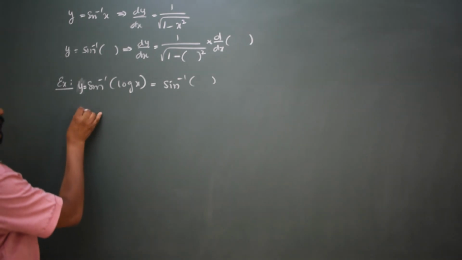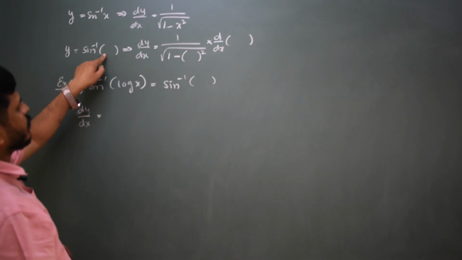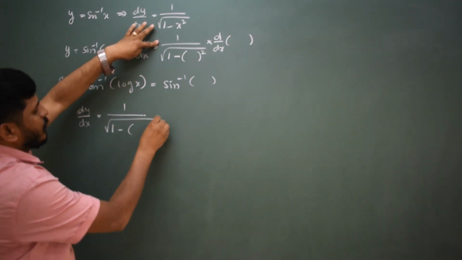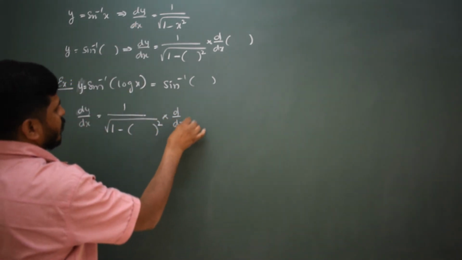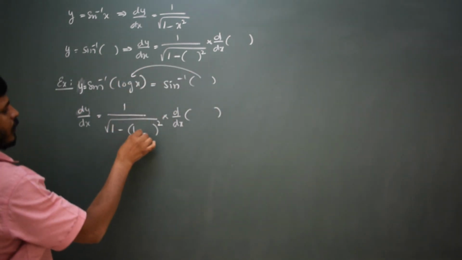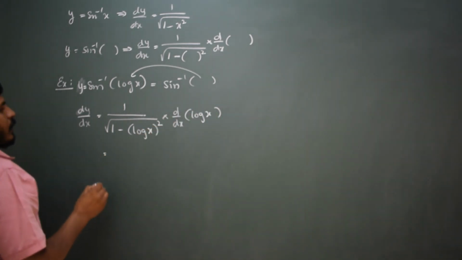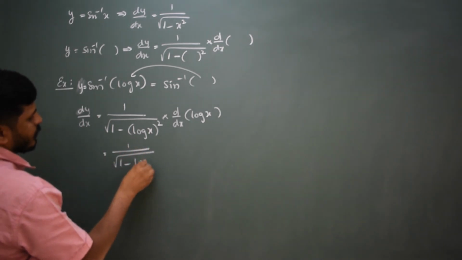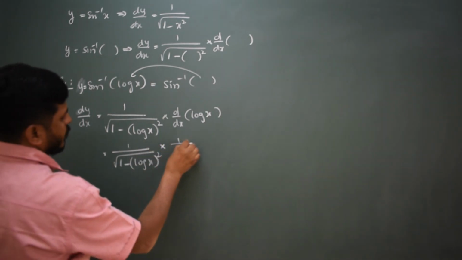What is the formula? dy by dx is equal to 1 by root of 1 minus something the square into differentiation of something. In the place of something I have log x. That's equal to 1 by root of 1 minus log x the square into the differentiation of log x, which is 1 by x.